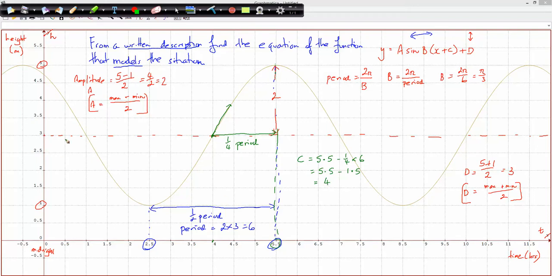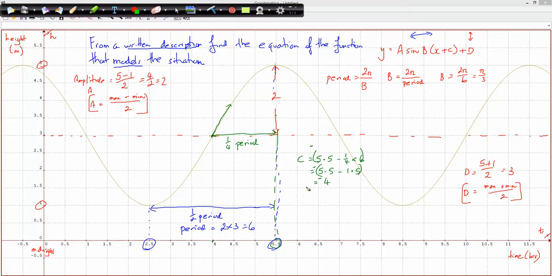But this was a shift to the right. So in fact, this here should be the negative, because if we put positive 4 into that equation, the shift would have been 4 to the left. Remember what we did on the graph work. So I actually need to put minus 4 here.